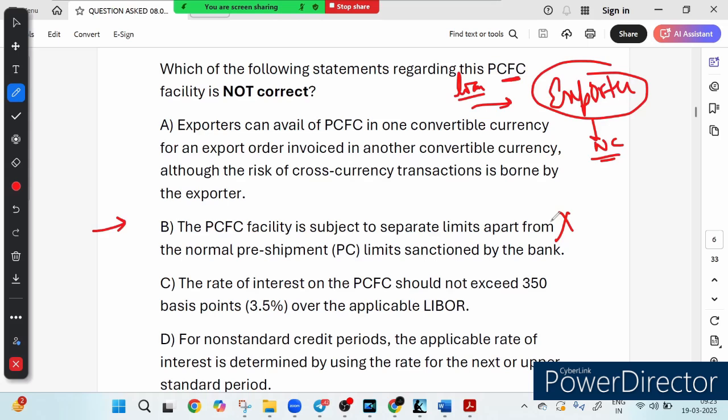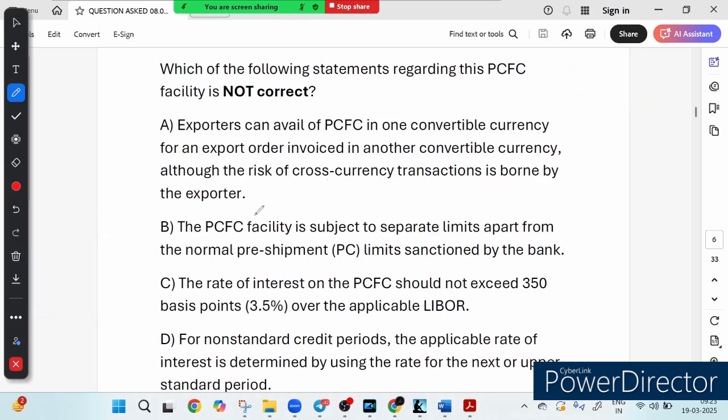Option A: the exporter can avail of PCFC in one convertible currency for an export order. Yes, correct, because there is a kind of PCFC called cross currency PCFC. In cross currency PCFC, the exporter can borrow in one currency, let's say dollar, even if the export order is invoiced in another currency, let's say euro. However, the exporter bears the currency risk, which means if the exchange rate fluctuates unfavorably, the exporter may incur a loss.